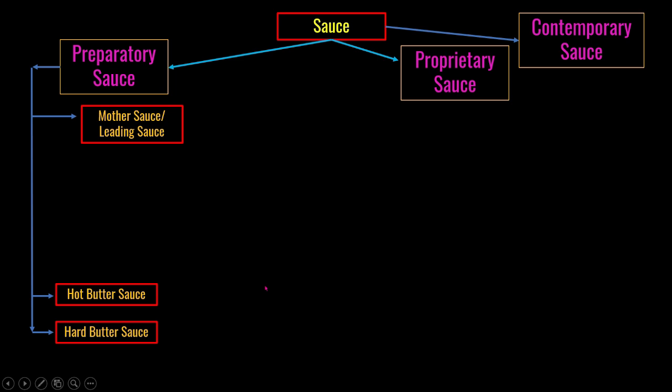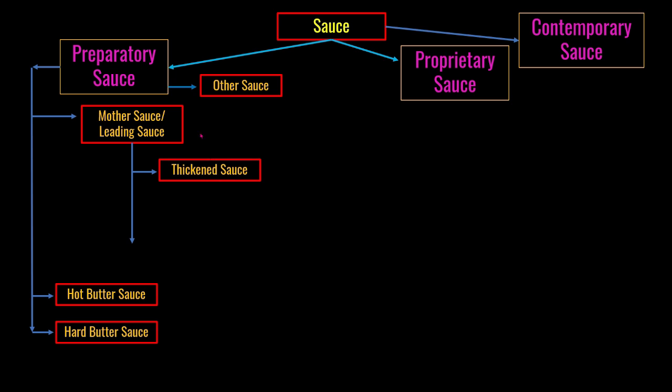Okay, and also we get another sauce, that is the other sauce. Now this mother sauce or leading sauce can also be subdivided into two categories. One is thickened sauce and the other one is emulsified sauce.